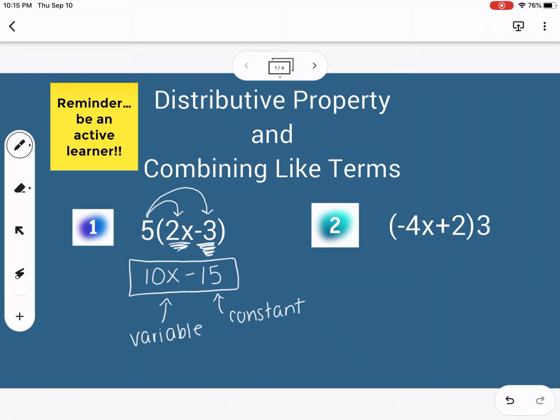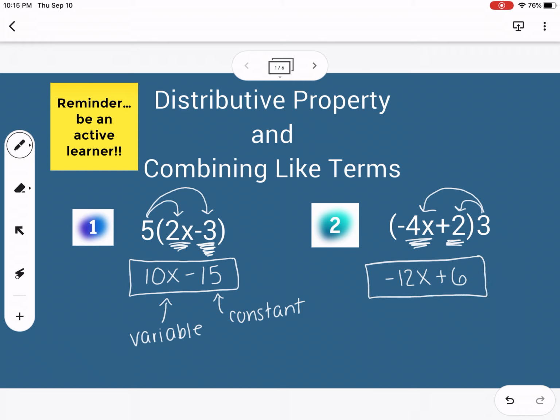So this is a multiplication problem, and we're just going to distribute backwards. So we're going to take the 3, multiply it to that first term, -4x. So 3 times -4 is -12, and the x carries along. Distribute it again, this time to the second term, 3 times 2, which is +6.